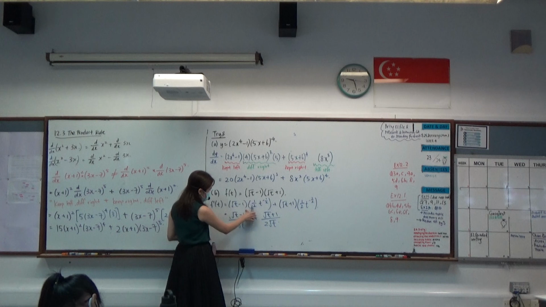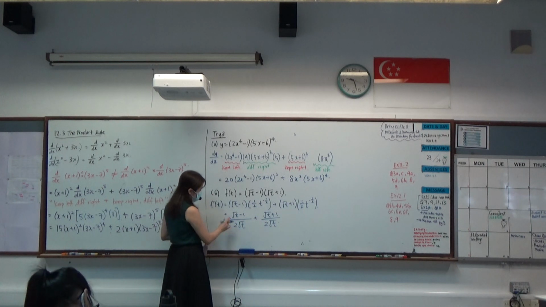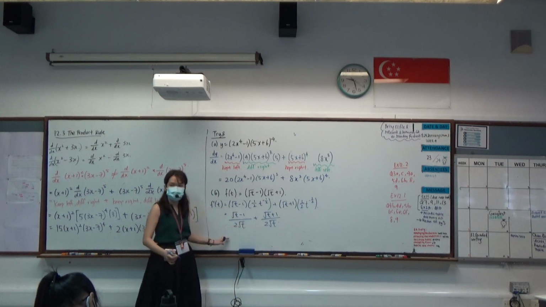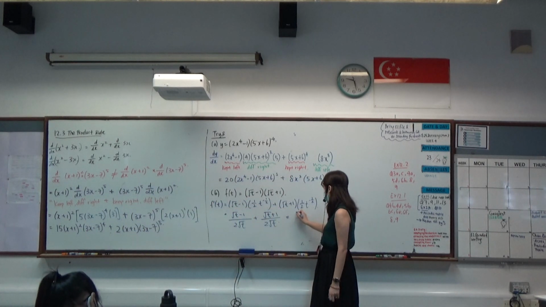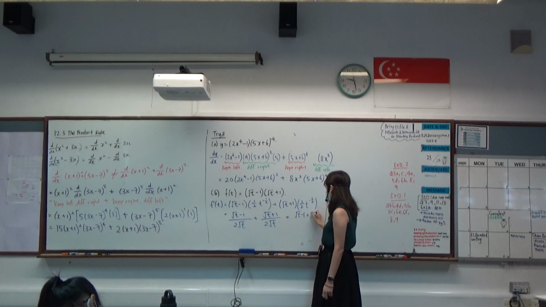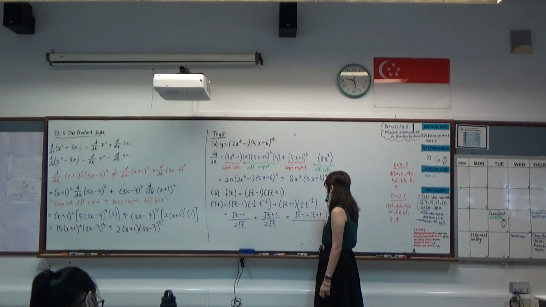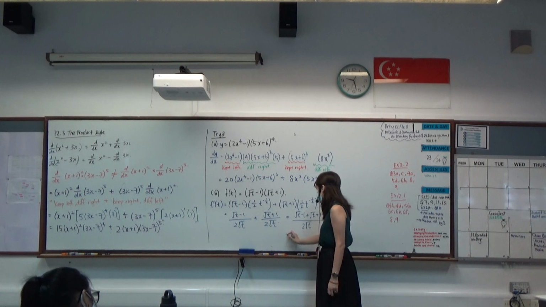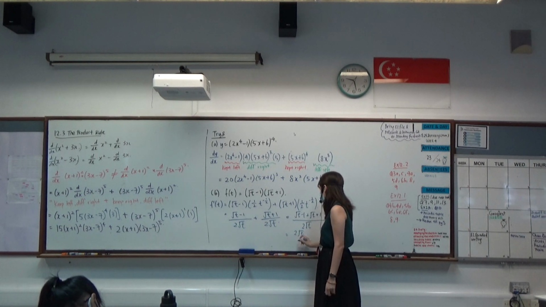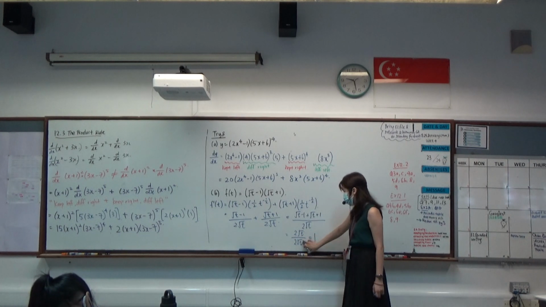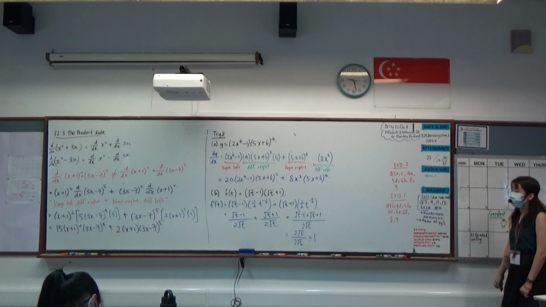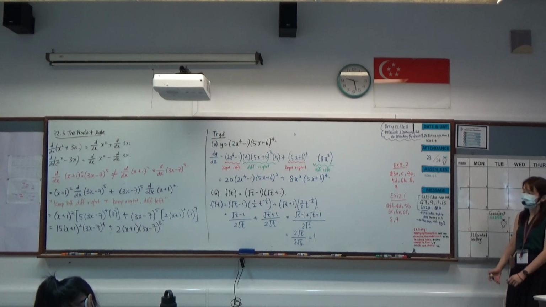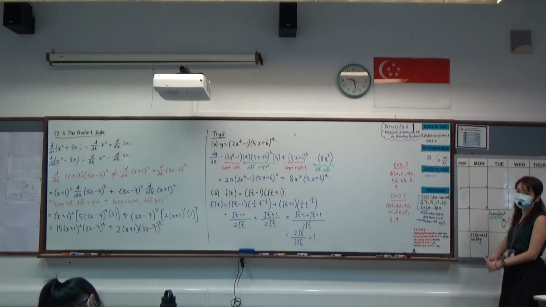So yes, in this case, you can merge it together because they both have the same denominator. So sorry, I'll just continue here. Upon combining the fractions and simplifying the numerator, notice that the derivative equals 1.